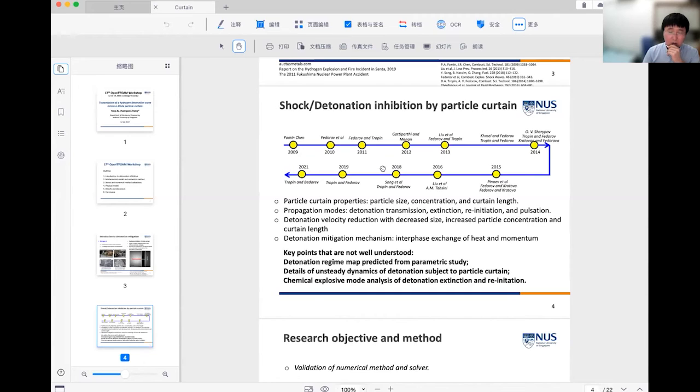Although there is a lot of work on detonation inhibition by particle curtain, there are still some key points that are not well understood. The first point is the detonation regime map predicted from parametric study, and the details of unsteady dynamics of detonation subject to a particle curtain. The third point is chemical explosive mode analysis of detonation extinction and reinitiation.